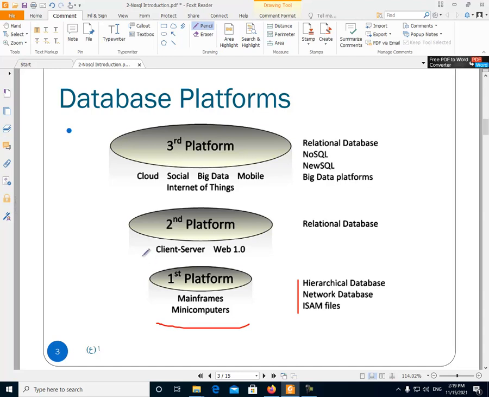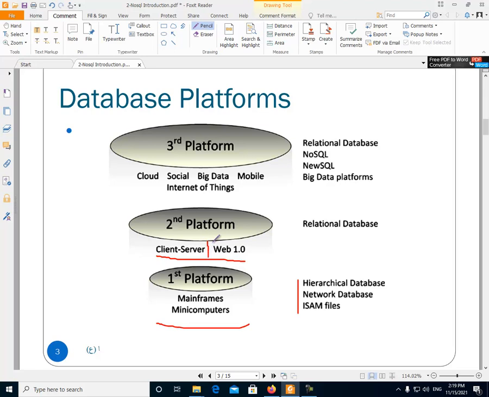After that, the second platform of the databases, which was important, was the client server and the web. This platform started in the 1990s, when the websites were first built.